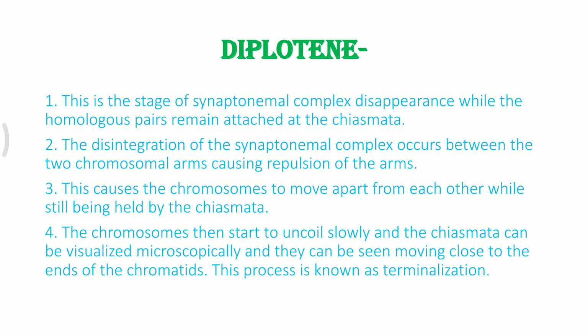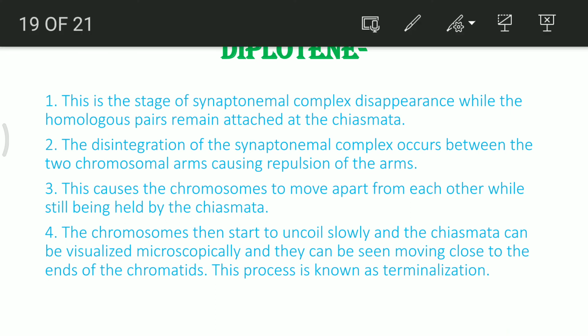Next is the diplotene stage. In this stage, the synaptonemal complex completely disappears. The disintegration of the synaptonemal complex occurs between the two chromosomal arms, causing repulsion of the arms.